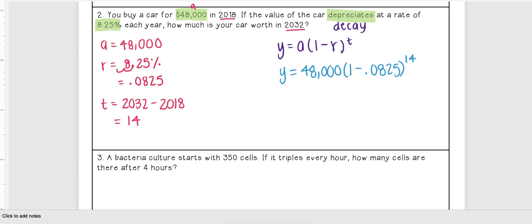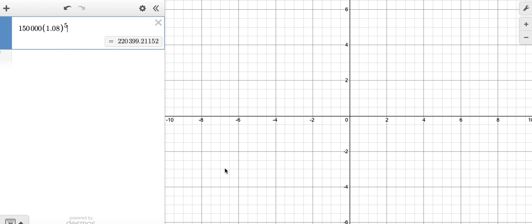And now I'm going to go over to Desmos and type all of that in. So I have 48,000 parentheses 1 minus 0.0825 close parentheses, and then I want to raise that to the 14th power.